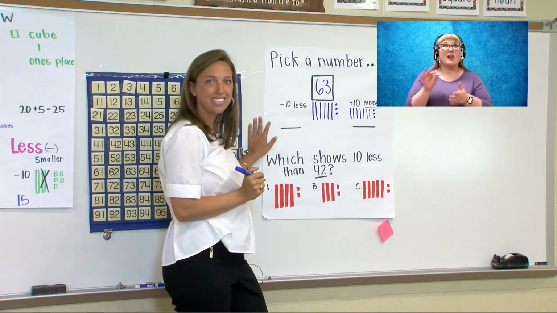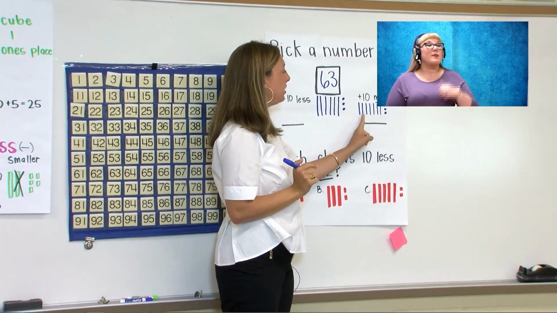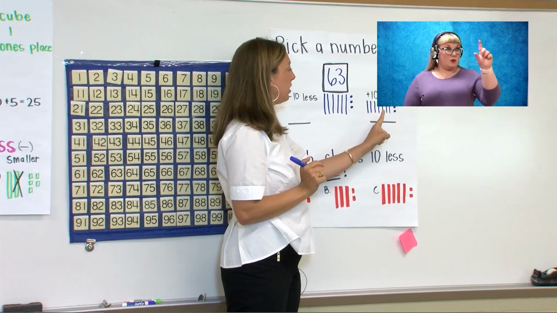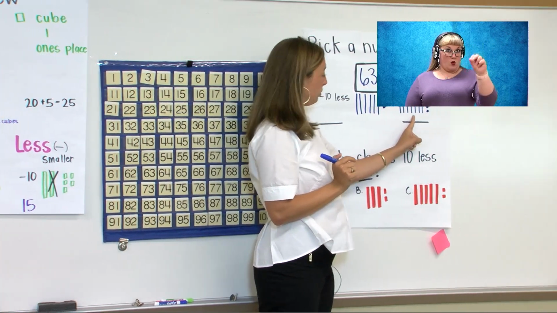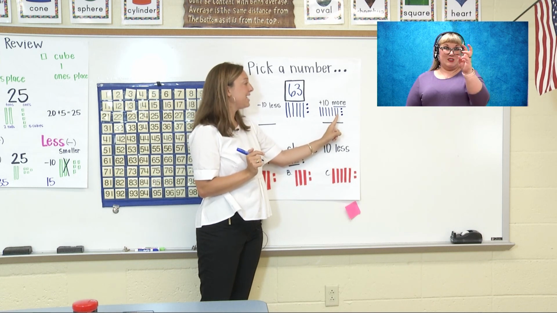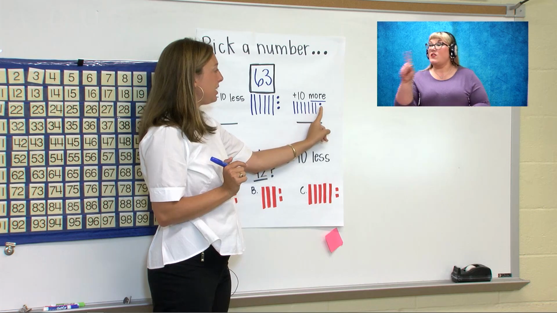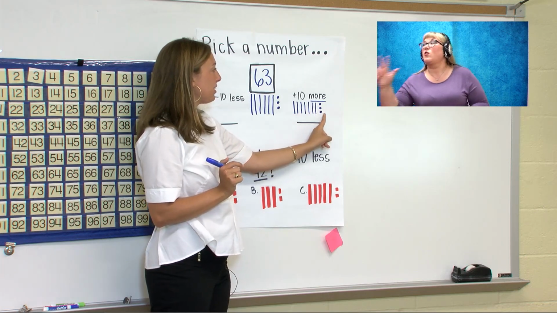Let's count it all together slowly one more time. 10, 20, 30, 40, 50, 60, 70, 71, 72, 73.